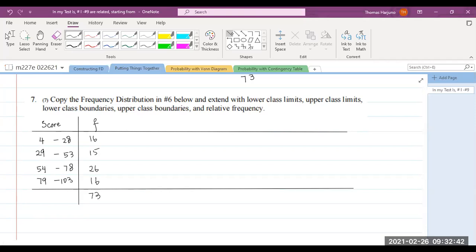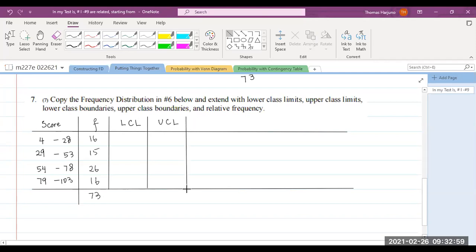That's the copying. Now you need to extend this to find the lower class limit, upper class limit, lower class boundary, upper class boundary, and then relative frequency.